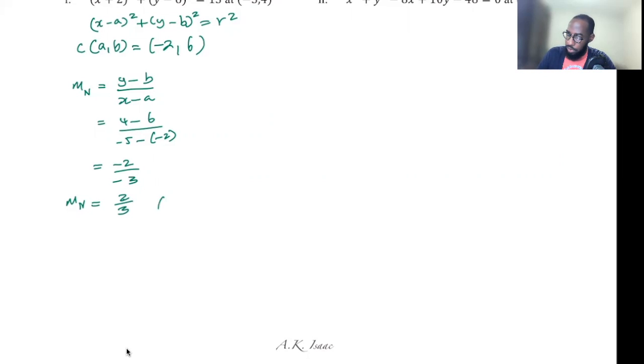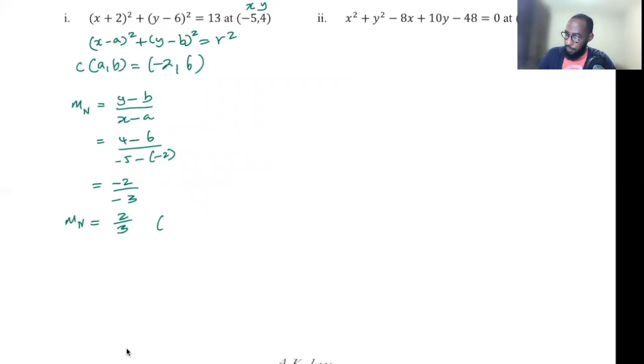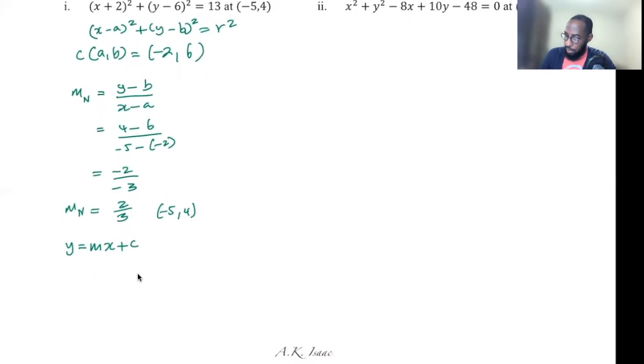So once we have that, we can find the equation of the normal first. We're using this point, which is -5, 4. So y equals mx plus c. This is the general form for the equation of a line. So we have 4 is equal to 2/3 times -5 plus c.